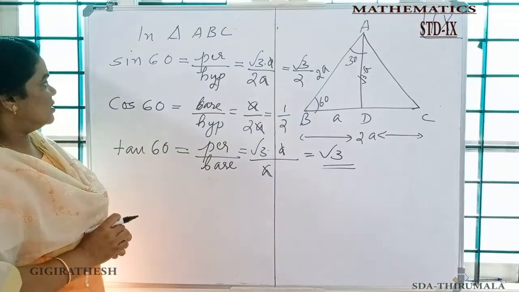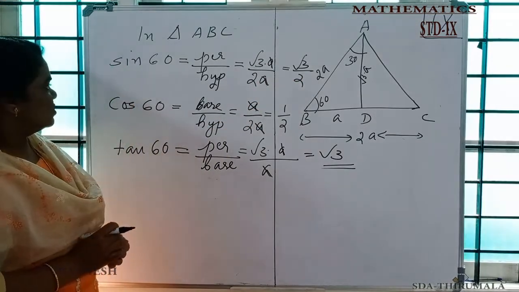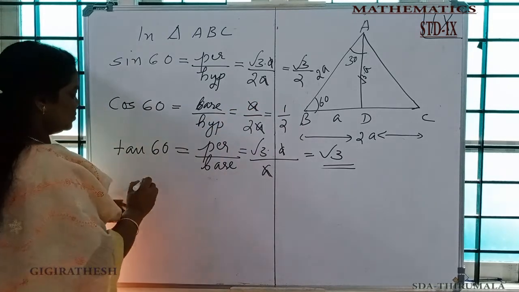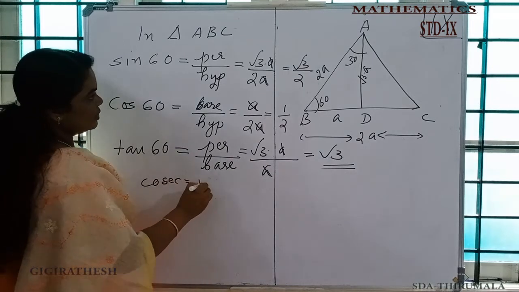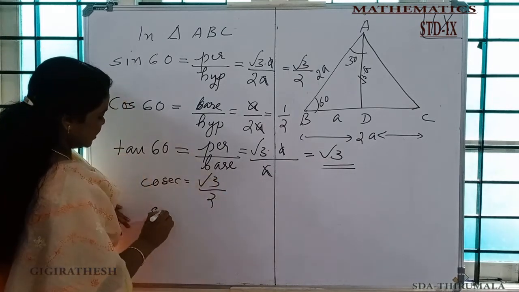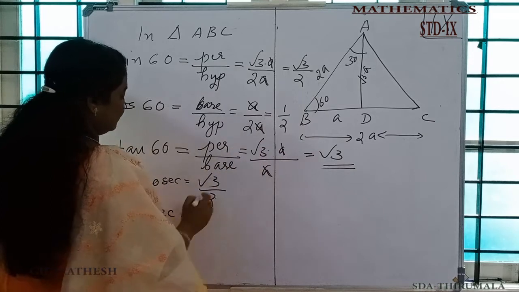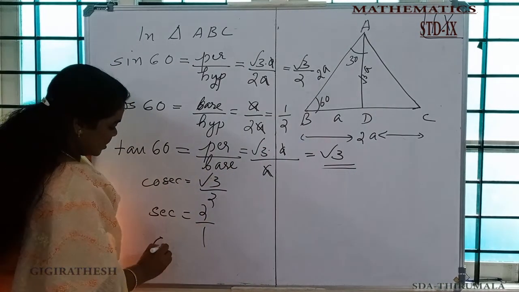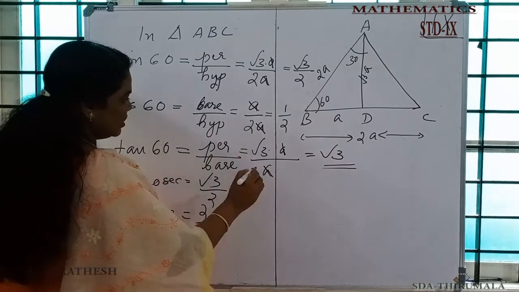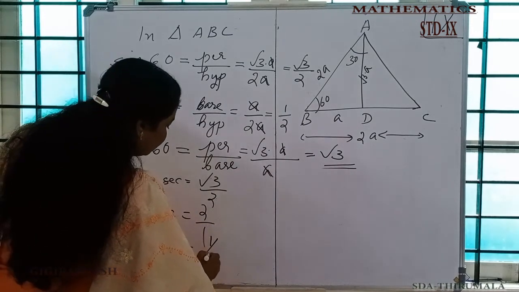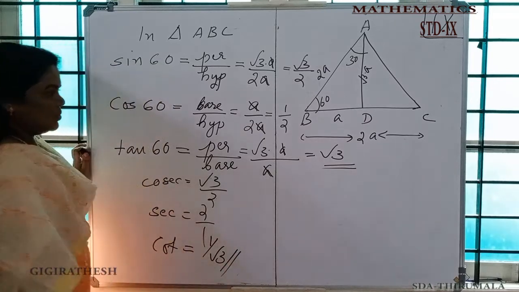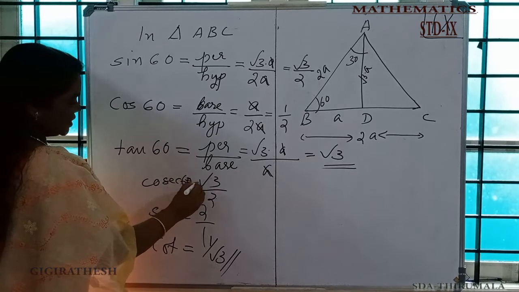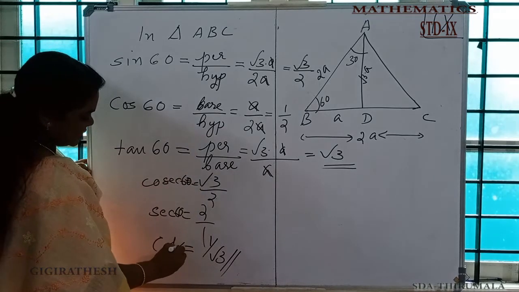So cosec 60 is equal to 2 by root 3. Sec is the reciprocal of cos, that is 2 by 1, which is 2, and cot is equal to 1 by root 3. These are the reciprocal values of 60, that is cosec 60, sec 60, and cot 60.